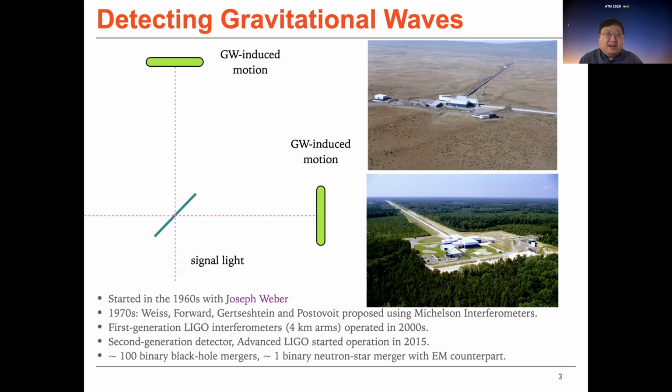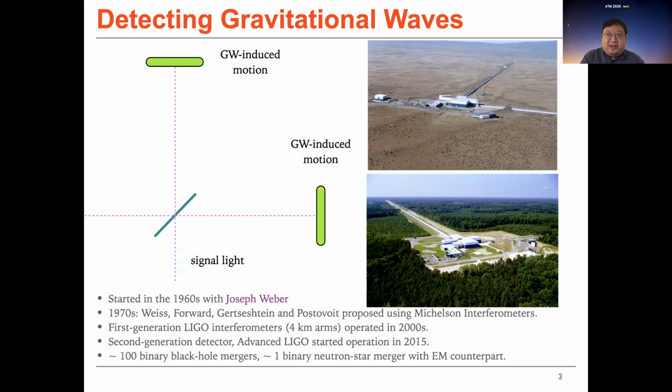Later on, Rai Weiss and others proposed to use Michelson interferometers to detect gravitational waves, and they soon realized that you need 4-kilometer sized Michelson interferometers to reach sensitivities that will be meaningful for detecting astrophysical gravitational waves.